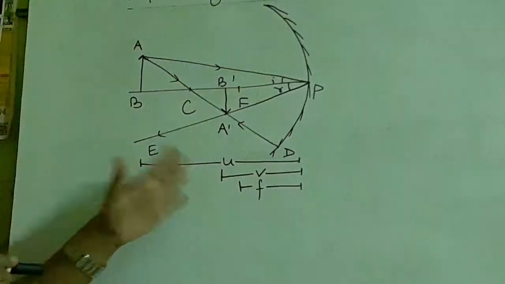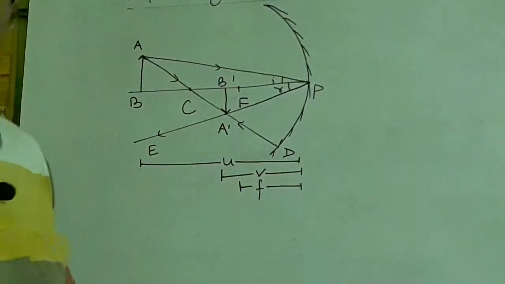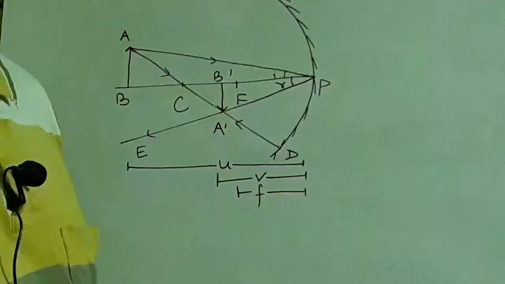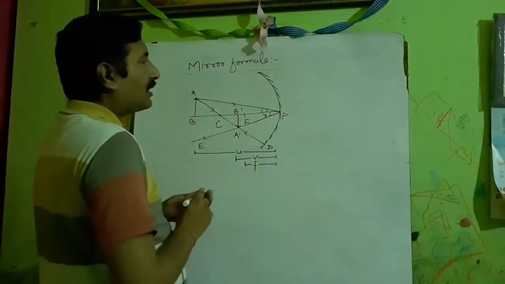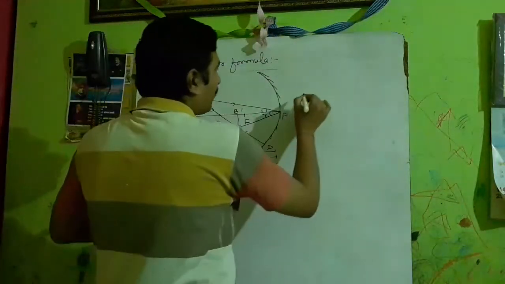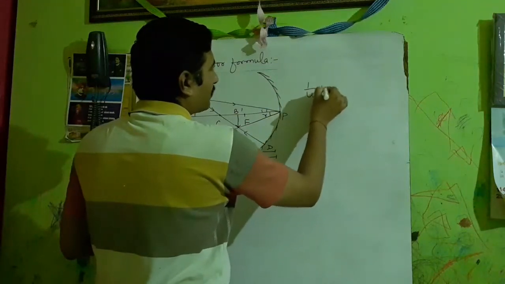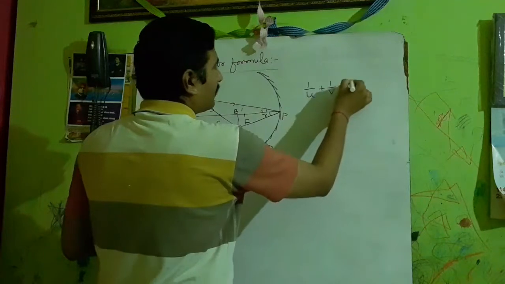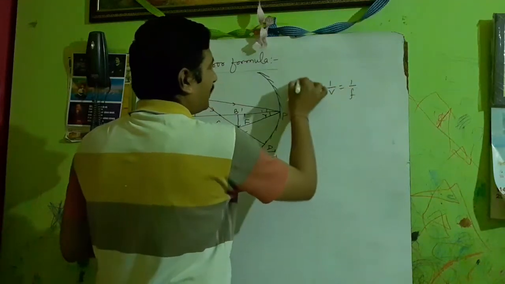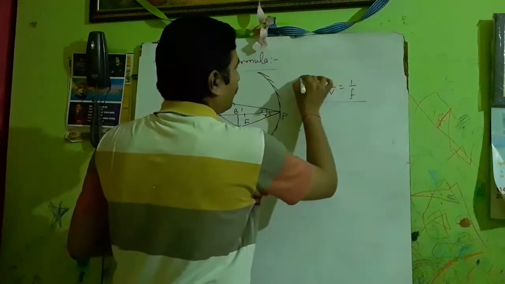It is denoted by small f. A relation between U, V and F is called the mirror formula. So the mirror formula is 1 by U plus 1 by V is equal to 1 by F. This is the mirror formula.